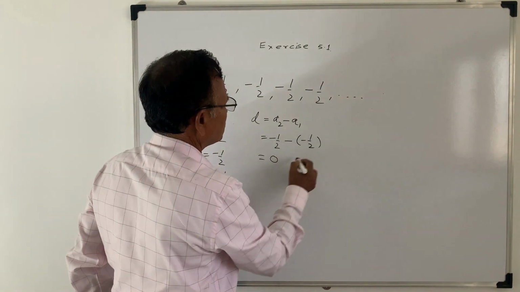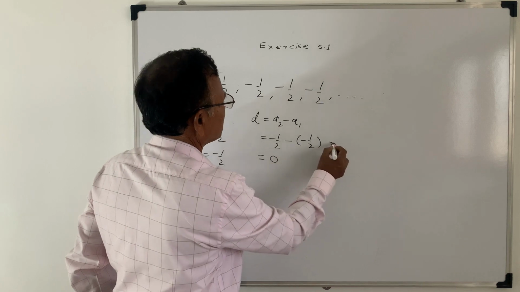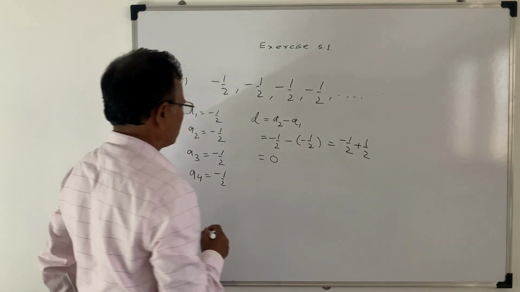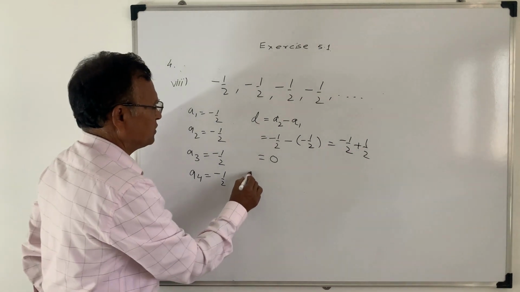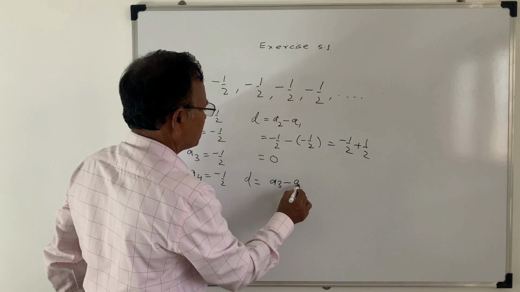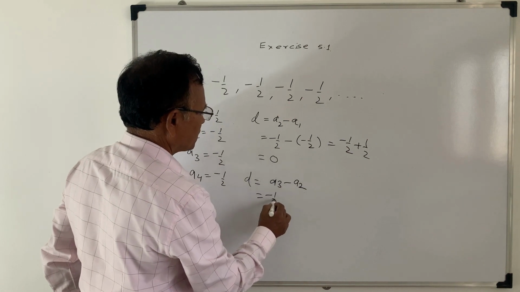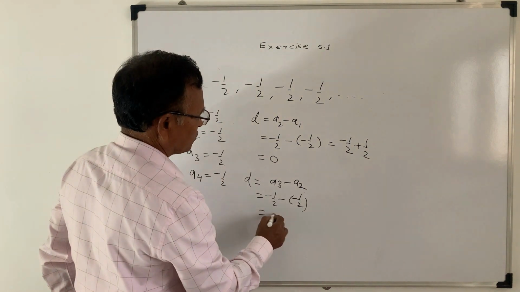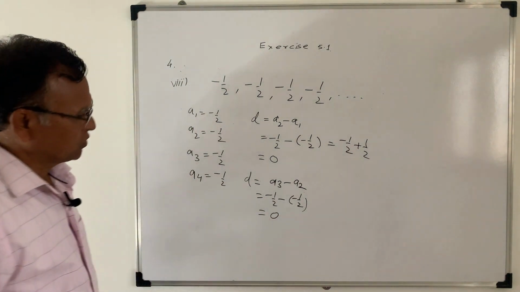Similarly, if you take the other two terms, A3 minus A2, that will be minus 1 by 2 minus of minus 1 by 2, same, so common difference will be 0.